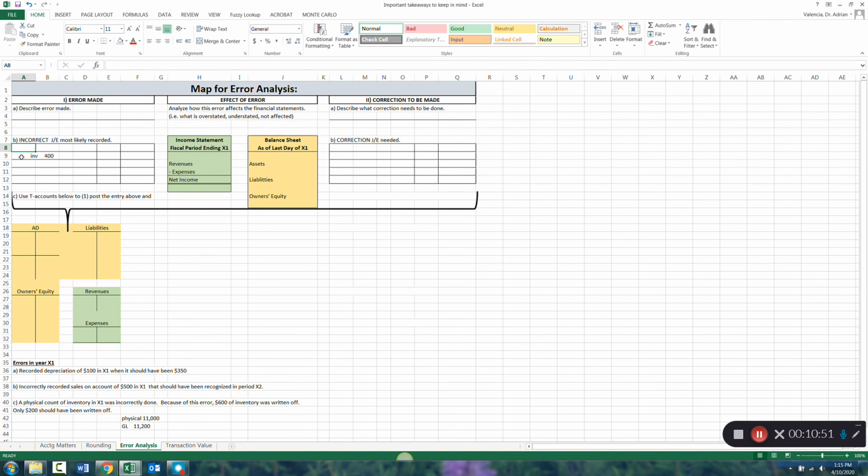And I'm sorry, I have to do this differently. Actually, no, that's fine. So yeah, I took too much out and I recorded too much loss. It's another way to look at it, okay? In other words, instead of rewriting what actually occurred, you rewrite the difference, the error itself, okay? And for some of you, you're not going to like this approach, but I'm just giving you a different way of thinking about it.